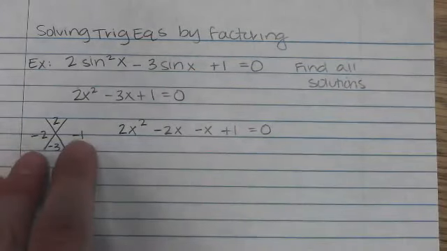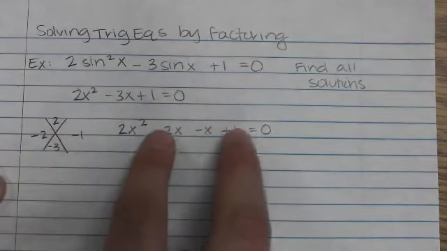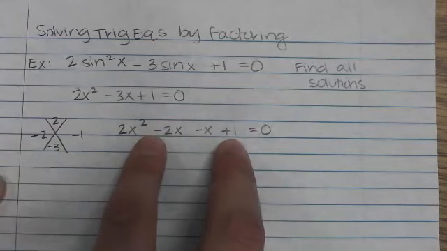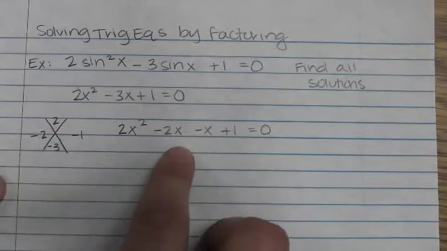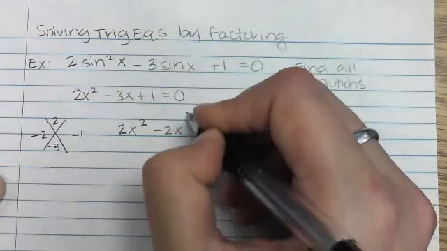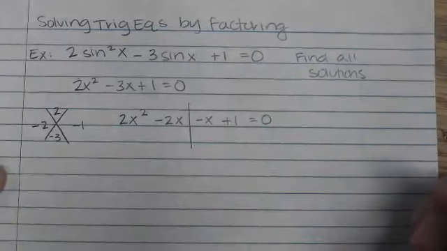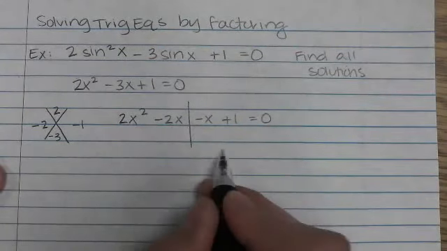Remember the grouping that I showed you guys before? We kept the beginning part, we kept the end part, 2x squared and 1. The middle part we split into 2 pieces. And then what do I do with each of these halves?